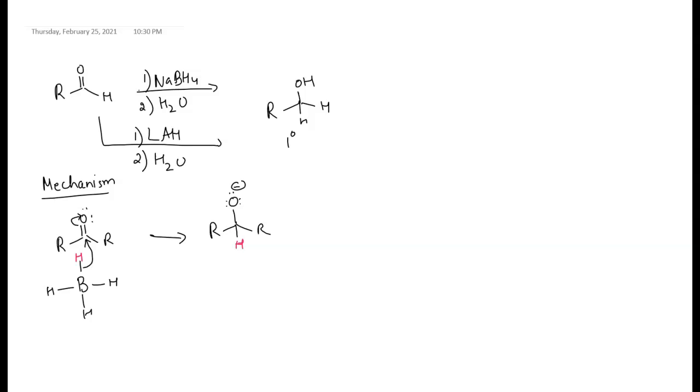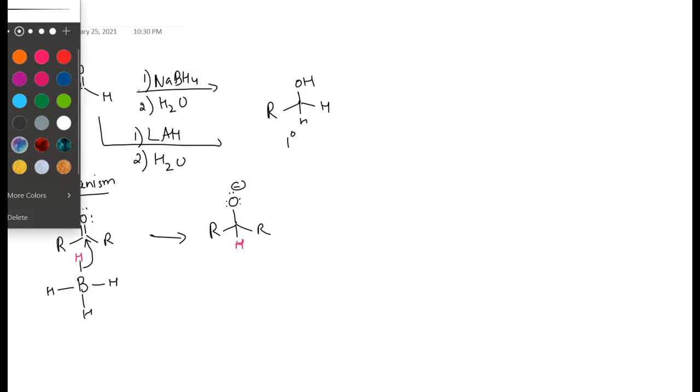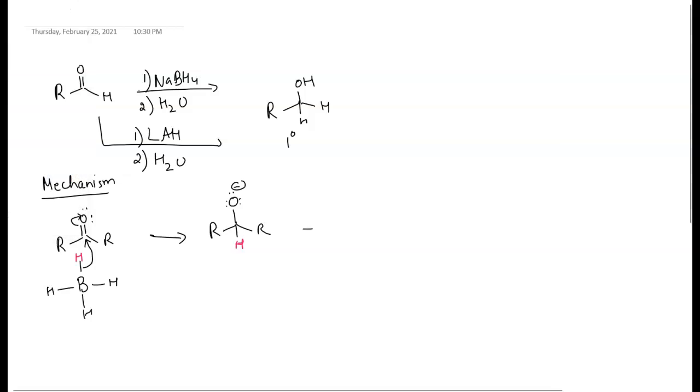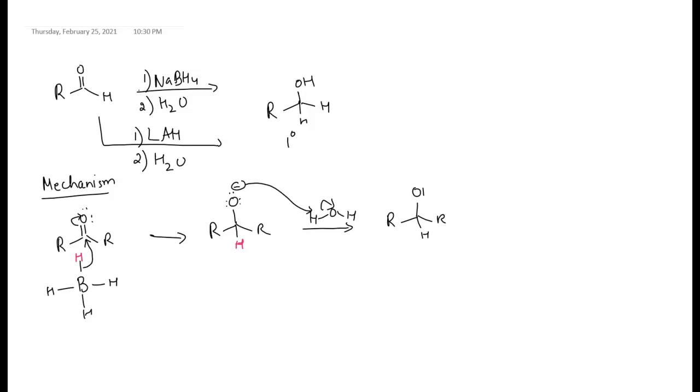Now we do the next step of the reaction, where it reacts with water. So I'm going to write water in this manner, and this is the complete step. R, now the hydrogen, and then OH.